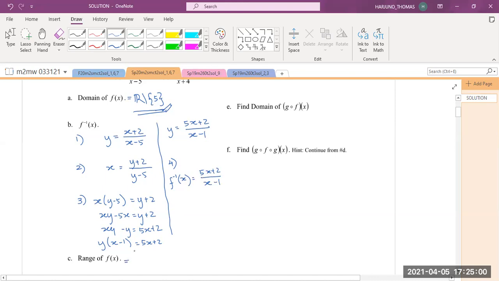Now, the domain of that inverse function is the range of the original function. That is all real numbers except 1.